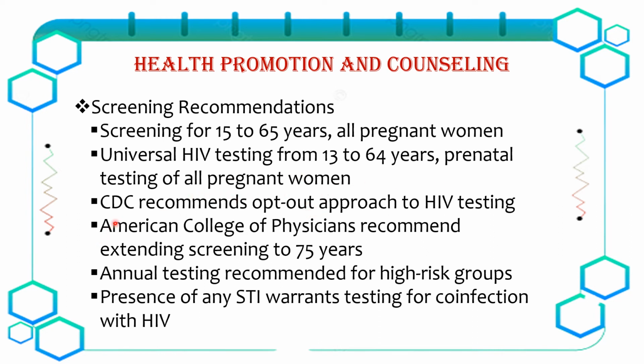The Centers for Disease Control recommends an opt-out approach to HIV testing, and the American College of Physicians recommends extending screening up to 75 years old. Annual testing is recommended for high-risk groups, especially those who are sexually active or sex workers.